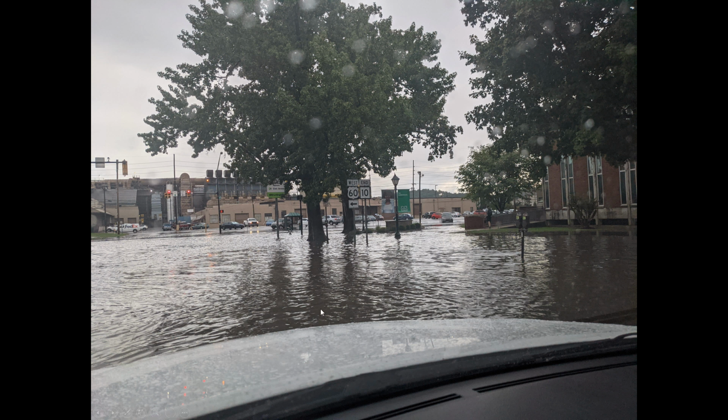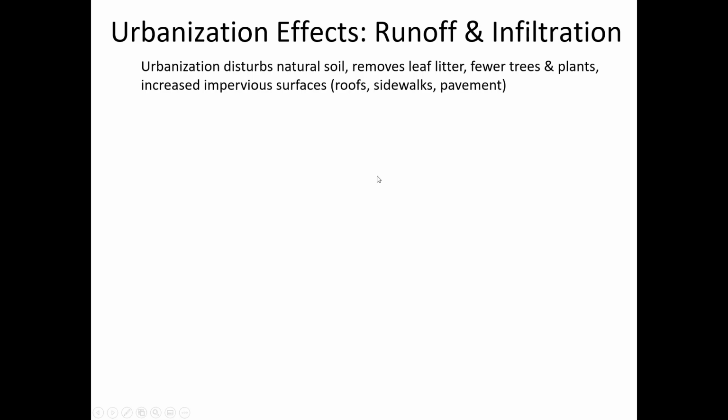The water that I'm driving through is not because that's how high the Ohio River was at that point. This flooding was simply because there's too much impervious area in Huntington. It has to do with the effects of urbanization. There's just more pavement, more roof area, more sidewalks, and none of that infiltrates water. And the drainage network can't keep up with all that impervious area.